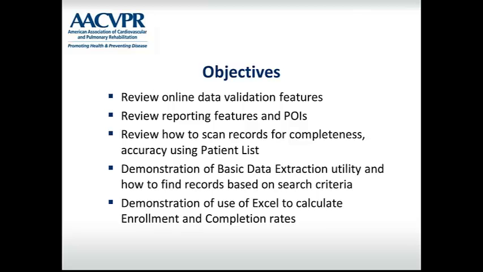I'll do a brief demonstration of how to use the data extraction utility and how to find records based on certain search criteria. And then I'll also do a demonstration of how we can use the Excel spreadsheets that result from the data extraction utility to calculate some important performance measures, enrollment and completion rates. At the very end, hopefully there'll be enough time that I can entertain some questions or comments.